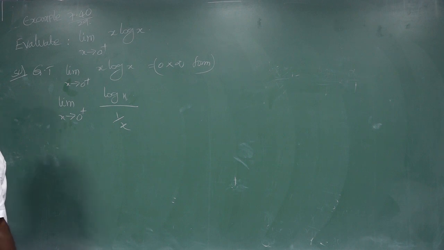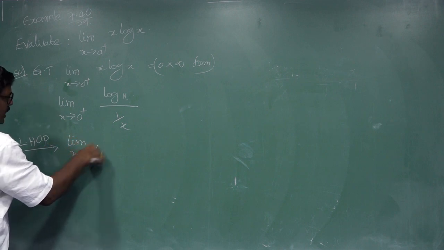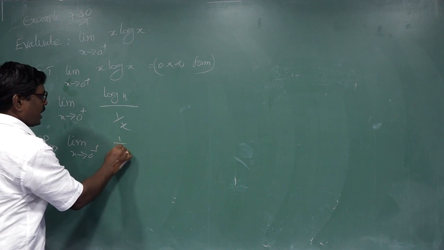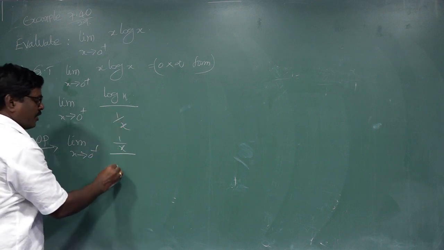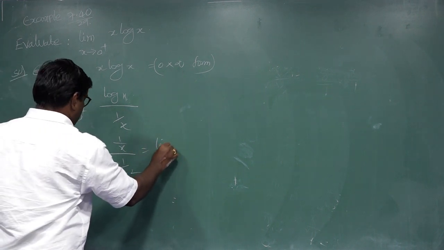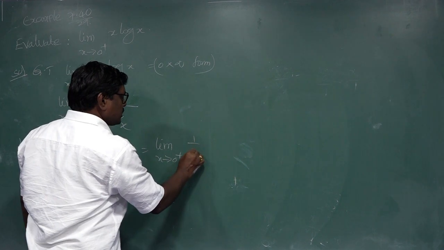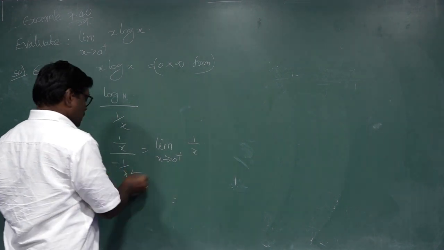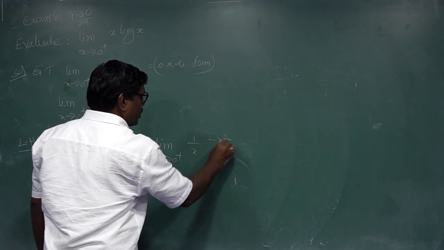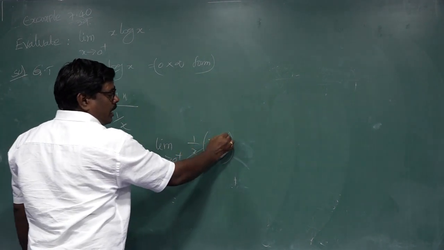The L'Hospital rule is applied. Limit as x tends to 0 plus of the derivative of log x, which is 1 by x, by the derivative of 1 by x, which is minus 1 by x square. This equals 1 by x into the reverse, minus x square by 1, and x cancels with x square.